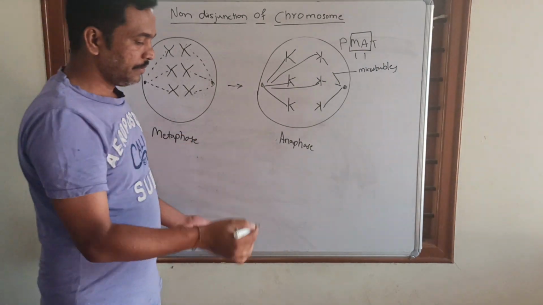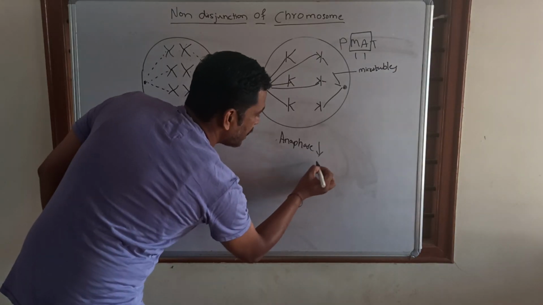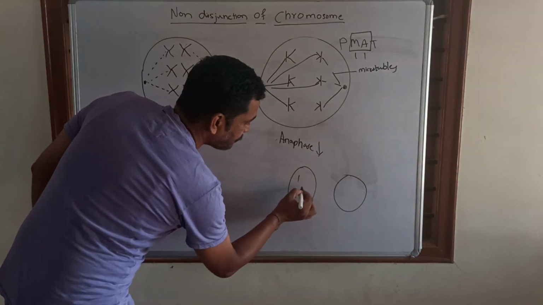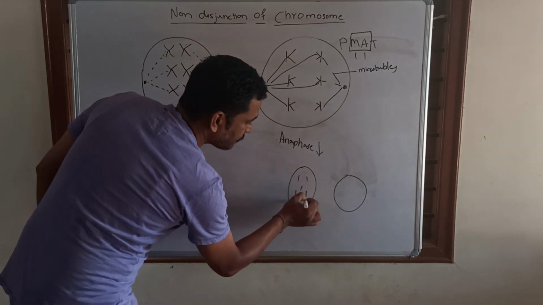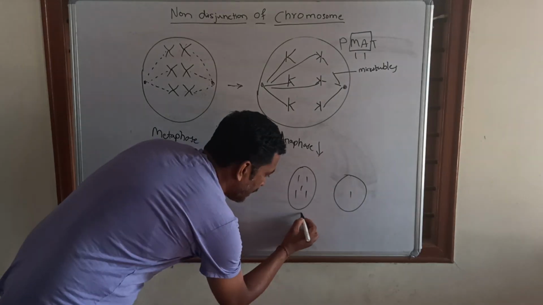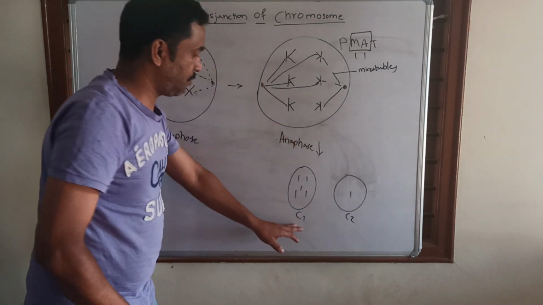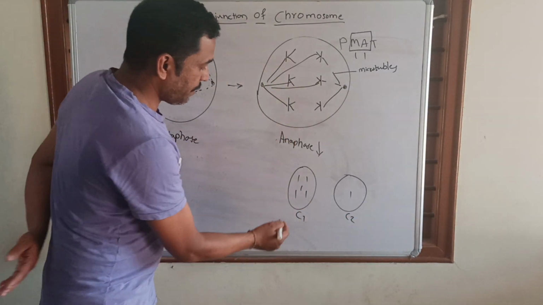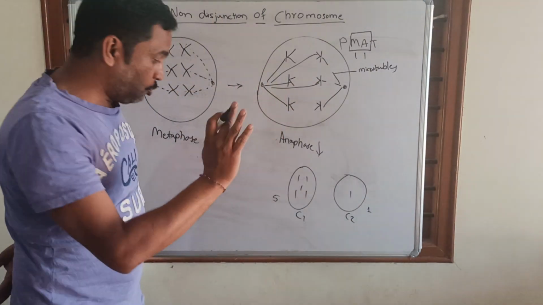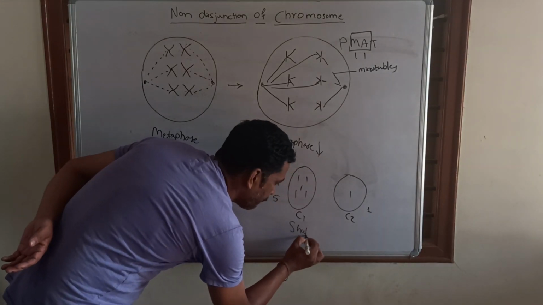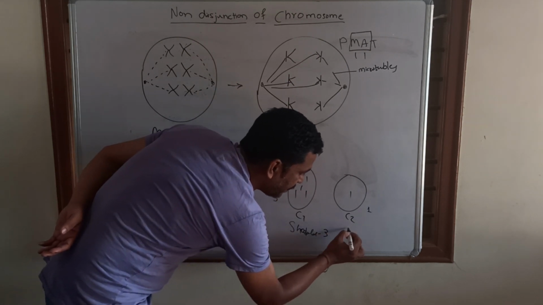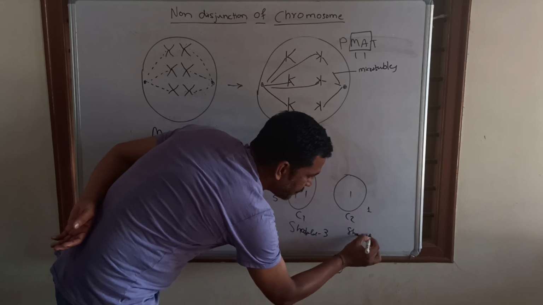So what happens after the cell division? After the cell division, you may find 2 daughter cells, one with 5 and the other with 1 chromosome. Let's say this is daughter cell 1 and daughter cell 2. Here 5 are there, here 1. But it should be 3 and 3.